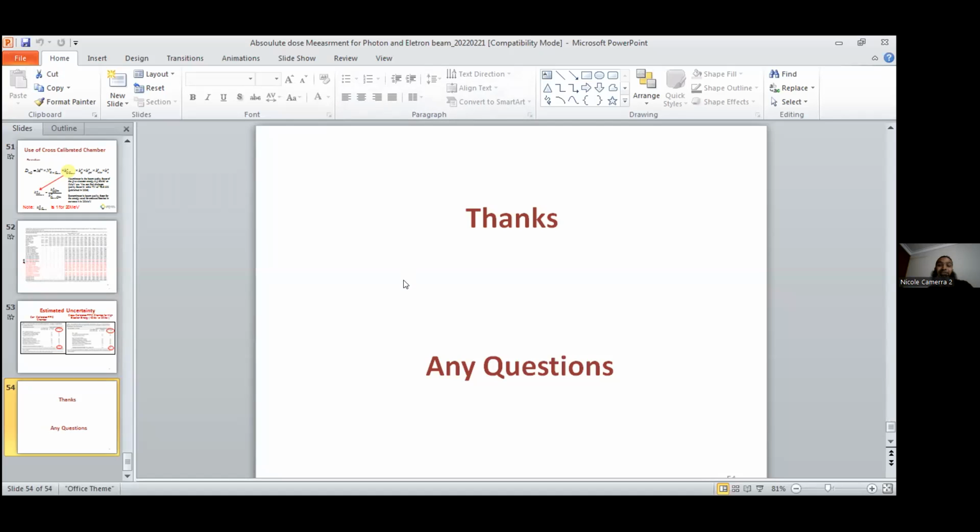Gram per centimeter cube is the density. Then gram per centimeter square is not a cube. Square is area, so it's basically mass per unit area. Gram per centimeter square.